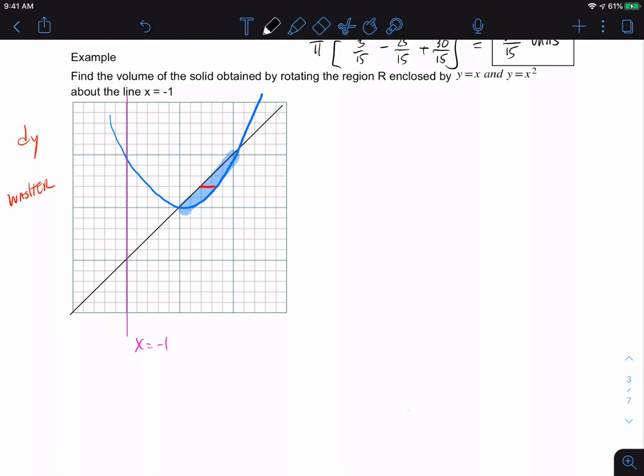Now, think of it like this. From here to the y-axis is how far? Yeah, plus this distance from the x-axis to the blue curve. So the distance from the y-axis to the blue curve is that square root of y, correct? So then the distance from here to here is 1 plus the square root of y.